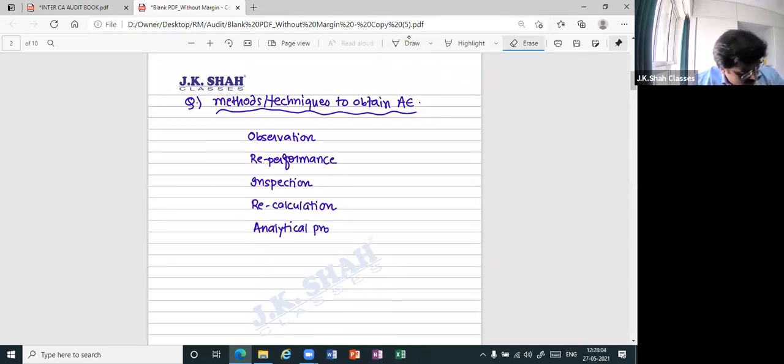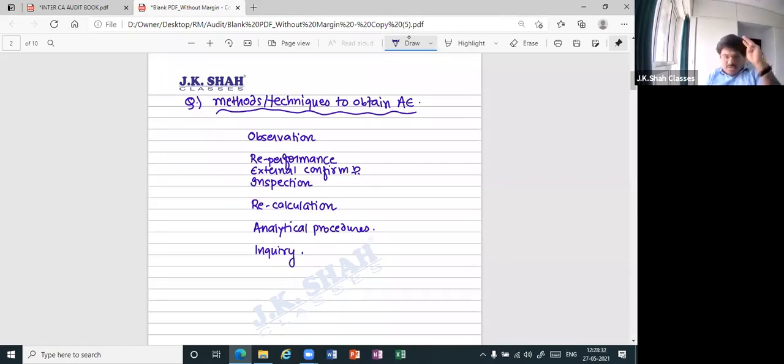Here I wanted to write external confirmations, and lastly, inquiry. These are the techniques in which you can obtain audit evidence. So what are the basic techniques? Come on, one by one tell, then I'll explain in detail. First is observation, reperformance, external confirmation, inspection, recalculation, analytical procedures, and inquiry.